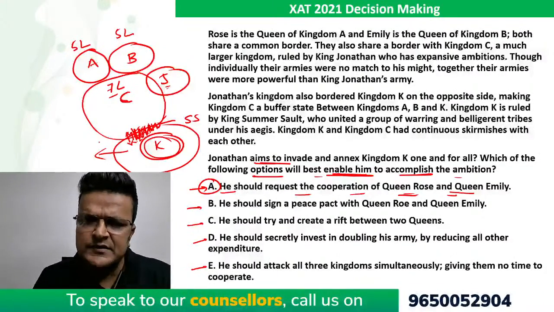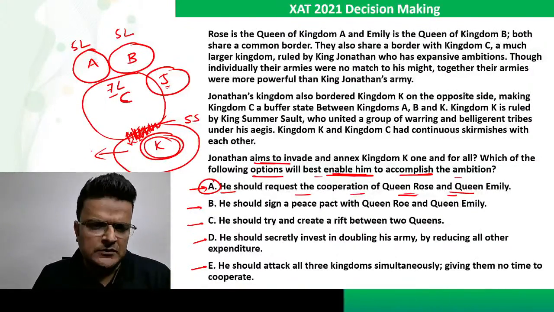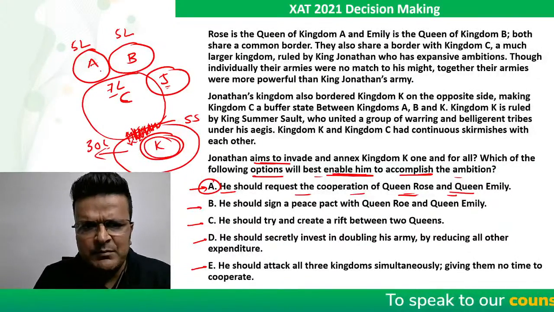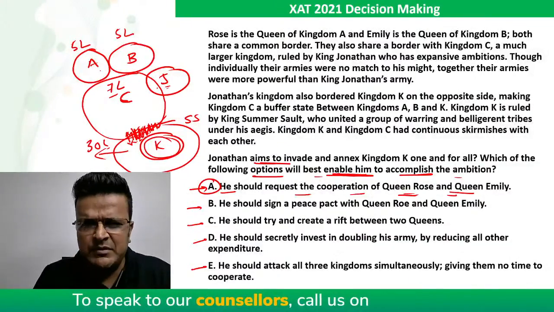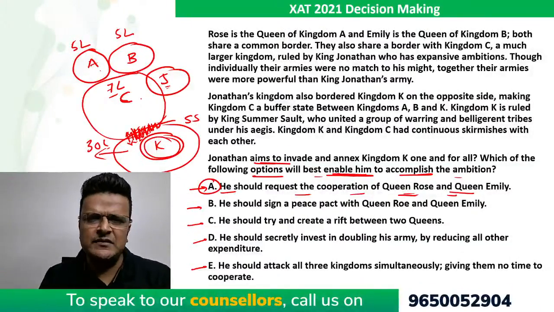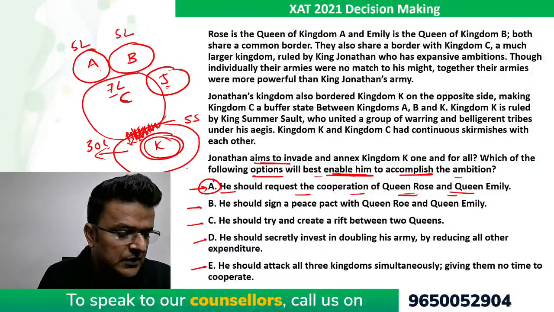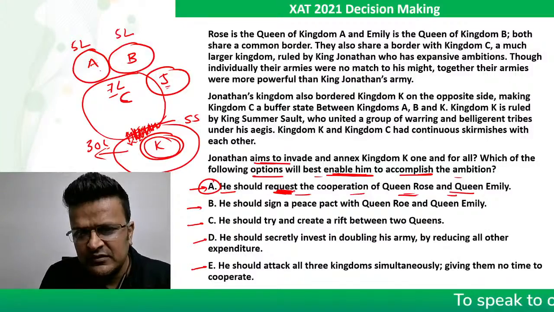What if King K has, let's say, 30 lakh soldiers? Would A and B really help C? Maybe, maybe not. They would be like, why would I get into this fight? Why take the trouble?